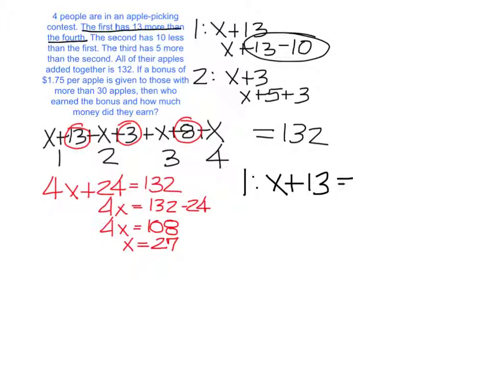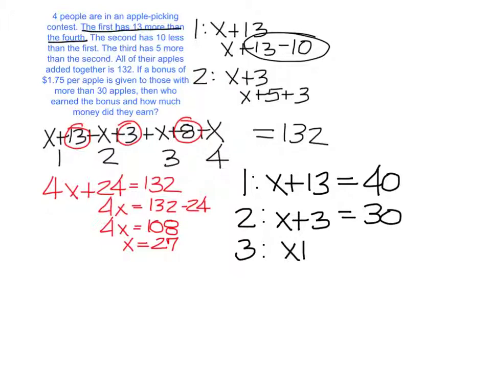If I put a 27 in there, how many apples did they pick? 40. The second person is X plus 3. If I put 27 in, what did they get? 30. And for the third person, we have X plus 8. What's 27 plus 8? 35. And for the fourth one, that one is simply X.